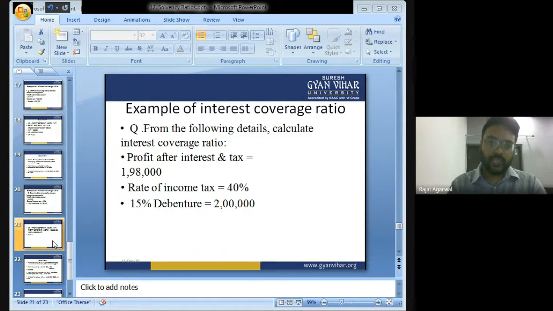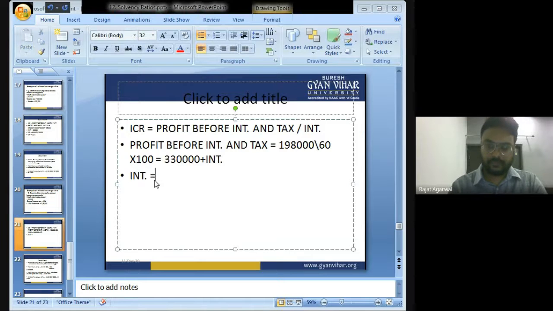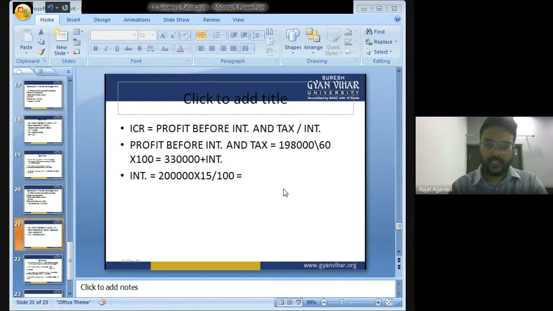So let us calculate the interest. Two lakh into 15 divided by 100. The answer is 30,000.